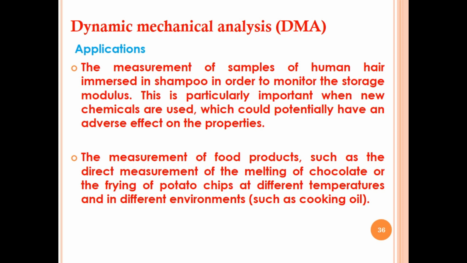Such products can be analyzed after hyphenation of DMA with other analytical instruments like FTIR, gas chromatography, and so on. So this is also an important application of DMA in food science and food materials.